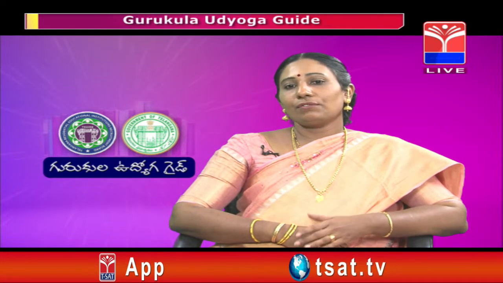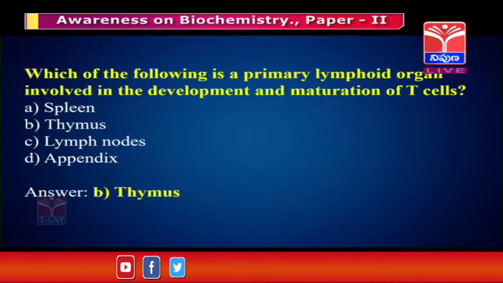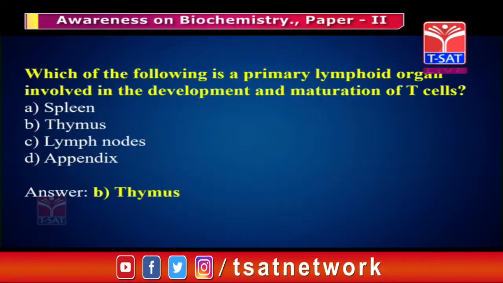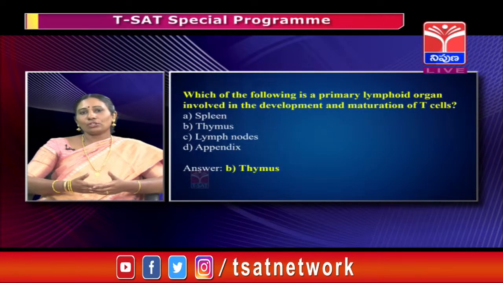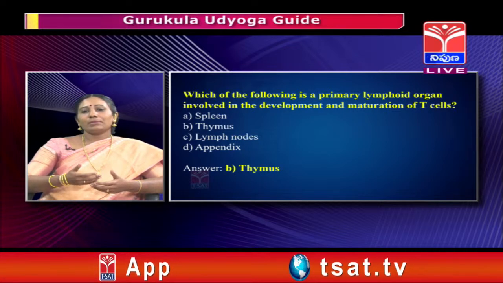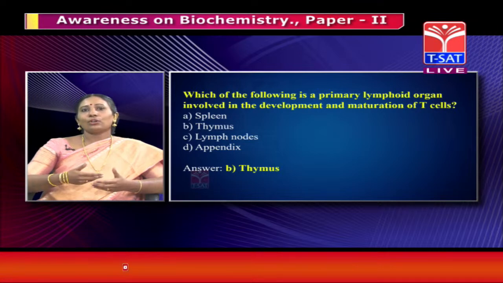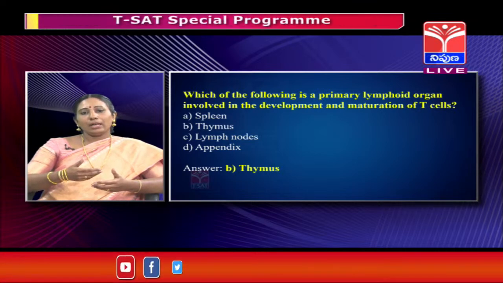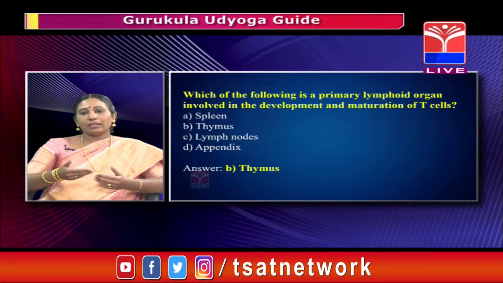Here you see: which of the following is a primary lymphoid organ involved in development and maturation of T cells? To answer such questions, you should know what exactly is a lymphoid organ, what are the components of the immune system. Here you see spleen, thymus, lymph nodes and appendix. There are primary lymphoid organs and secondary lymphoid organs, and these organs are useful for certain functions in the immune system.